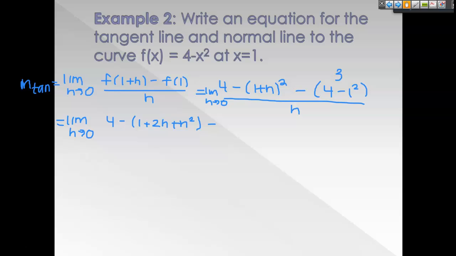So 4 minus 1 squared is 3. So it would just become -3.